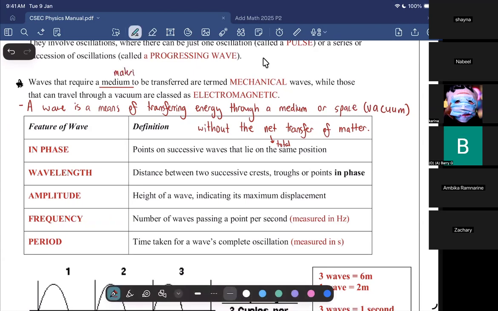In other words, the molecules in the material need to vibrate to transfer the sound wave. If there are no molecules to vibrate, will the sound wave be propagated? Propagated is a way of saying transferred.